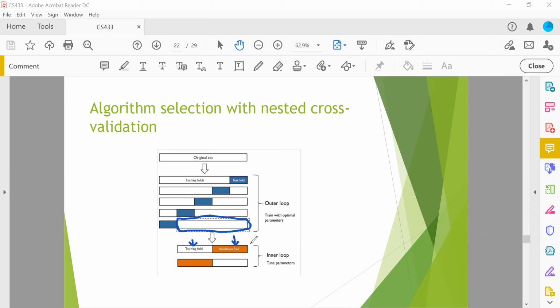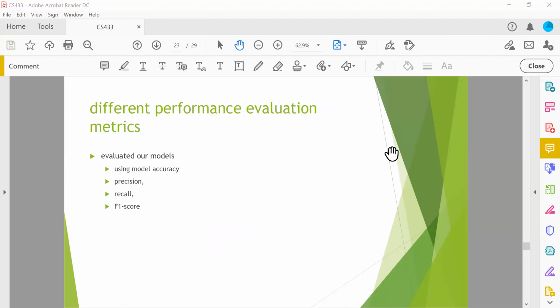And this inner loop can help us to tune the parameter, okay? And the outer loop trains with the optimal parameter to evaluate the model performance. So with this nested cross-validation, we can do much better, okay?